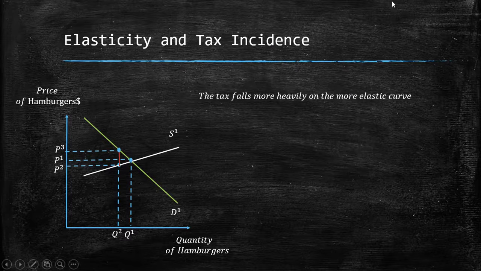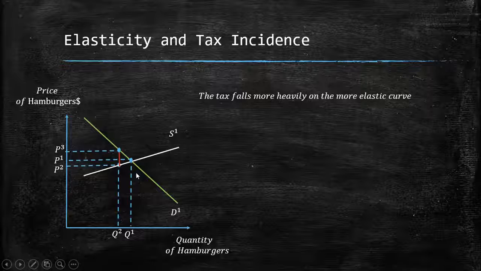Here we have the same case. Imagine that this is the price with the tax, the price that the buyers have to pay. And P2 is the price that the sellers are going to receive. If you notice here, the change from P1 to P2 is shorter than the change from P1 to P3. It means that the buyers are charged more with the tax.